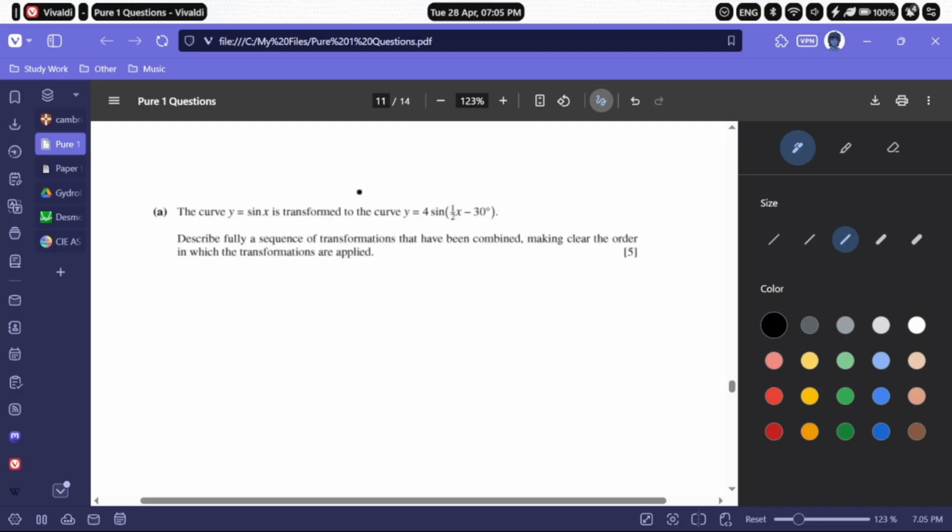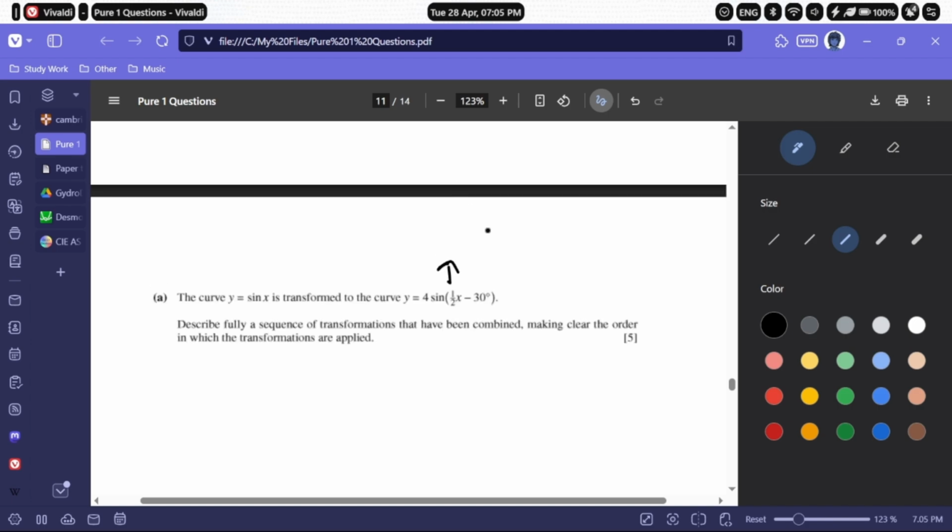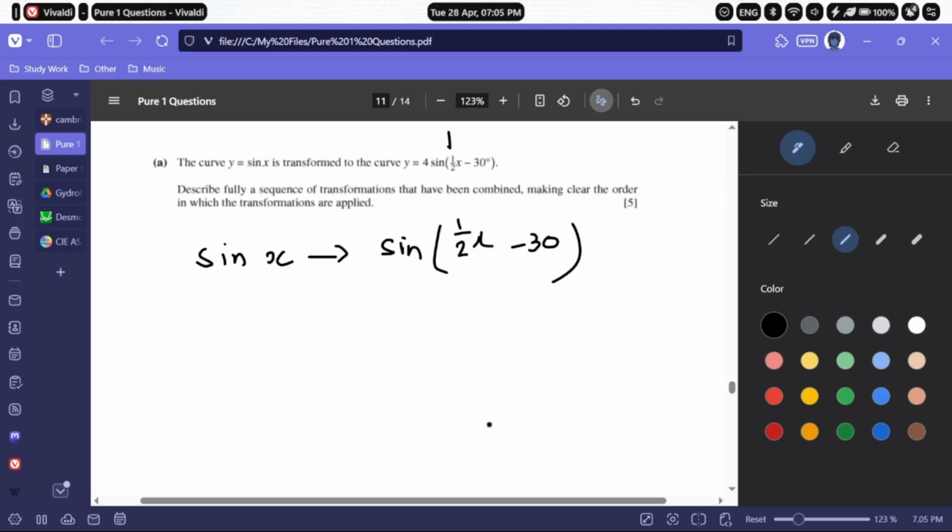If you have your 4 sin(1/2 x), the vertical stretch doesn't really matter. You can do that at the end. So think about how the sin x graph would be transformed to sin(1/2 x minus 30).